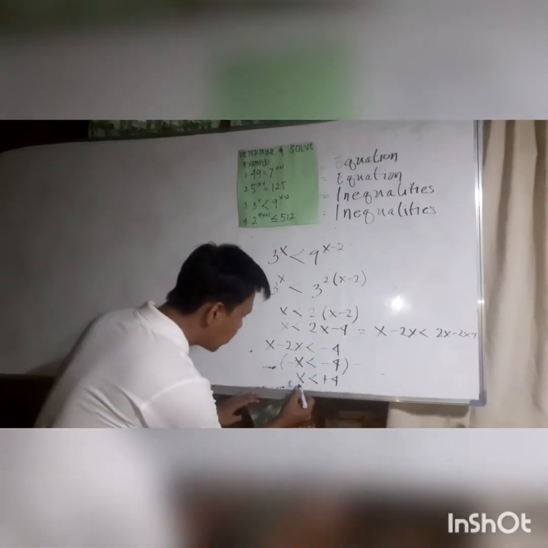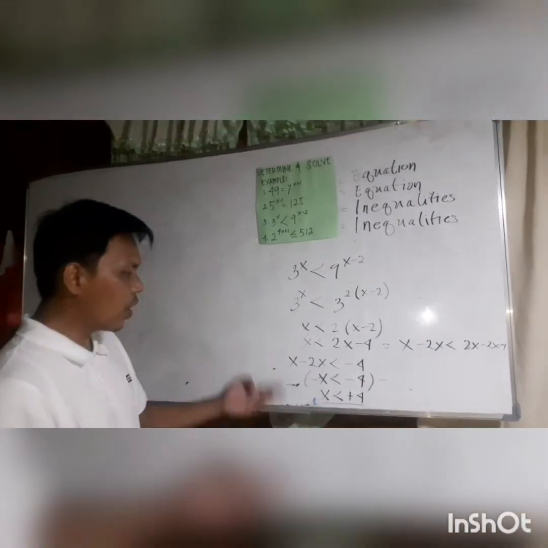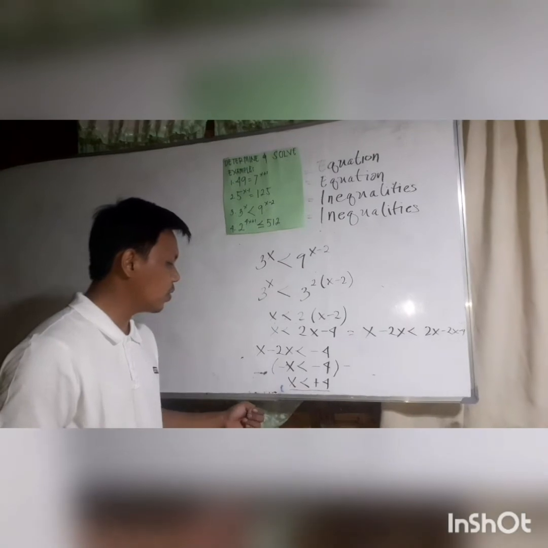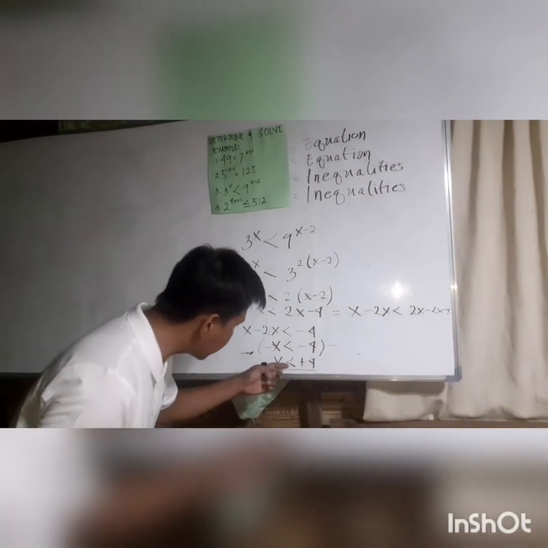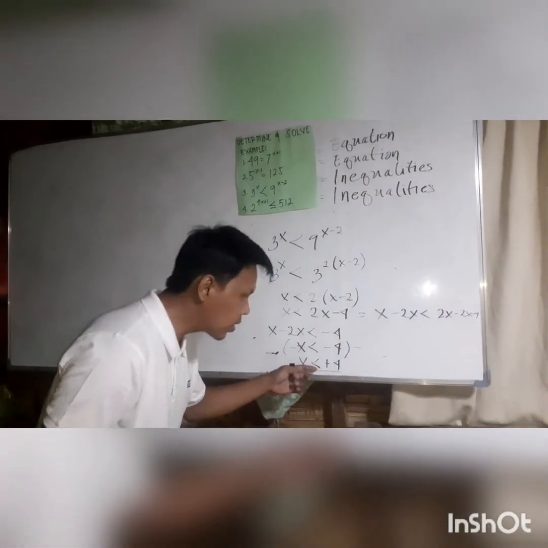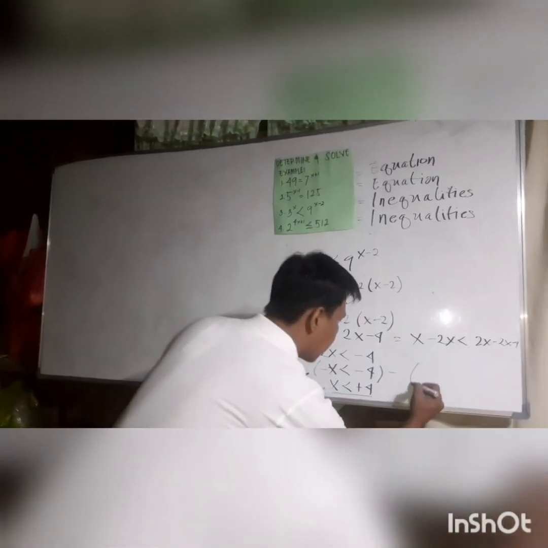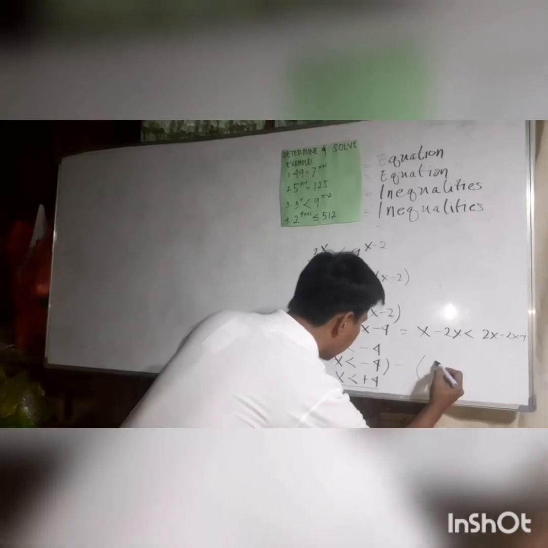So we have a value of x, the x is less than positive 4.